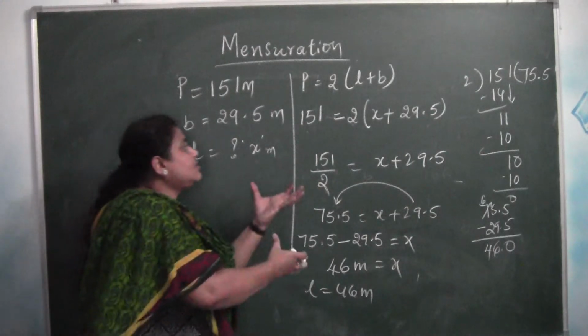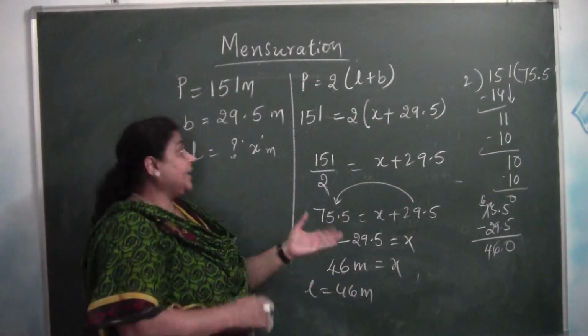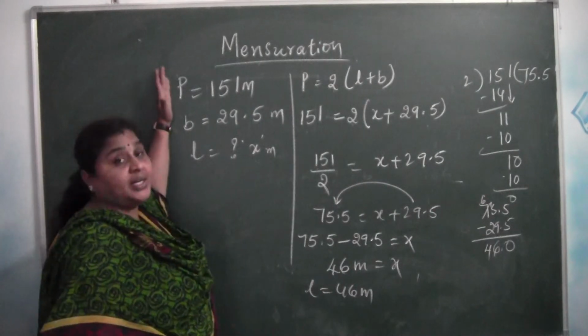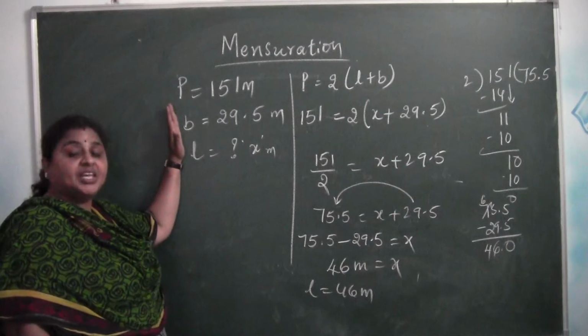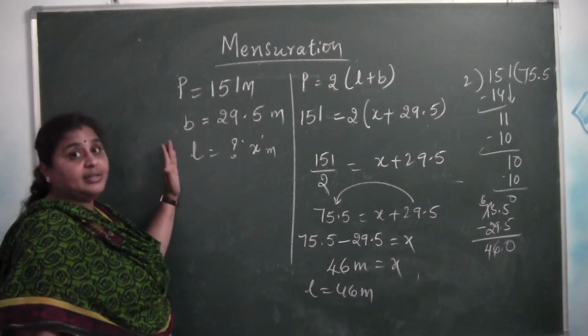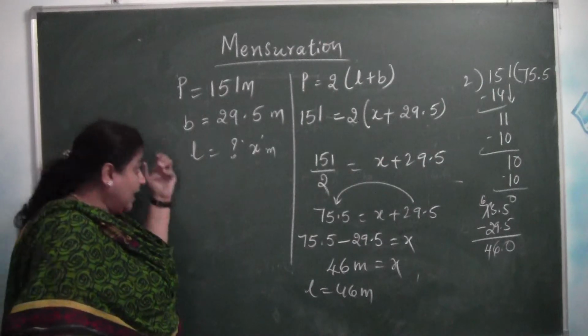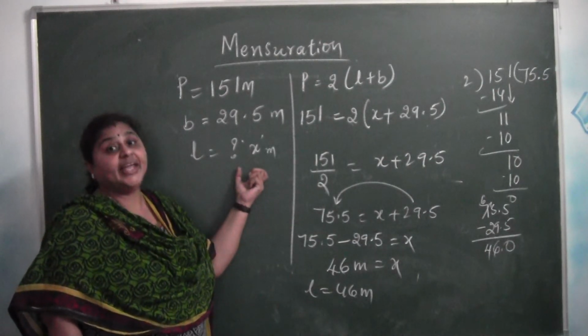Understood? This is a new concept to you. But what are you doing? You are shifting. First, perimeter given is 151 meters. Breadth given as 29.5 meters. And length, we have to find it out. So, let us assume length to be x meters.